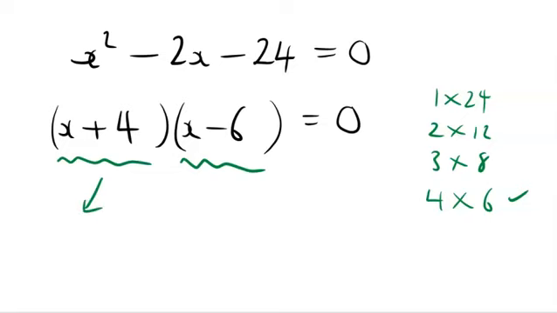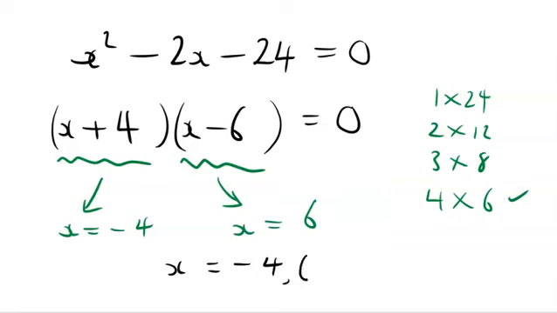If the first bracket is 0, that means x must be negative 4. If this one is 0, that means x must be 6. Therefore, x can be either minus 4 or 6. And that will be the answer we need here.